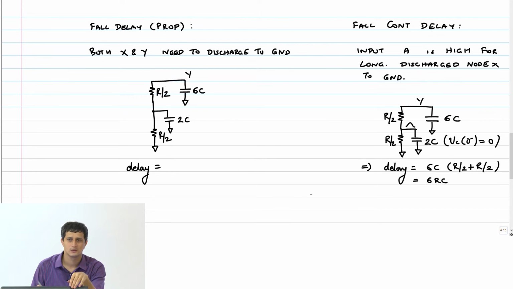What's the answer? 7 RC, right? The Elmore delay model you use, you'll get 7 RC as the answer. So can you work out for a NOR 3 gate now?